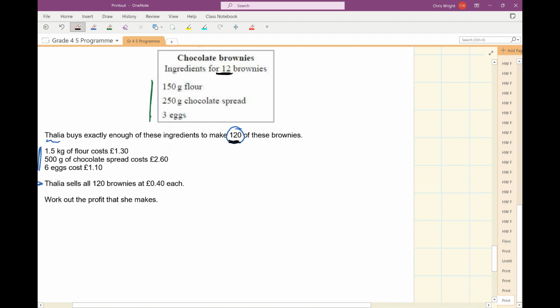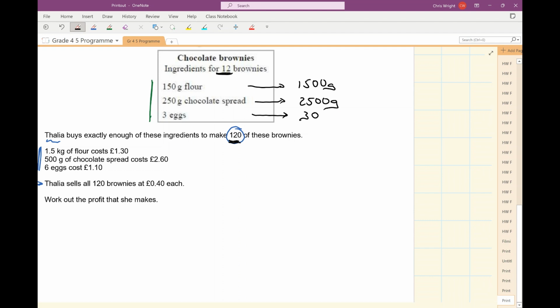So she's going to have 10 times the number of brownies. So 10 times the amount of flour, 1,500 grams of flour. 10 times the amount of chocolate spread, 2,500 grams of chocolate spread. 10 times the number of eggs, 30 eggs. So we know what she's going to buy now.